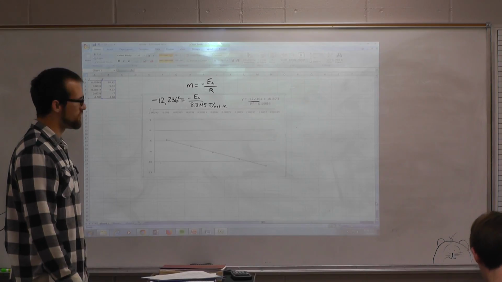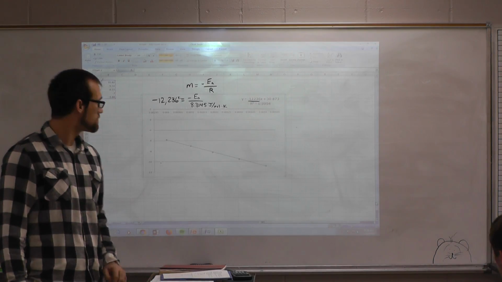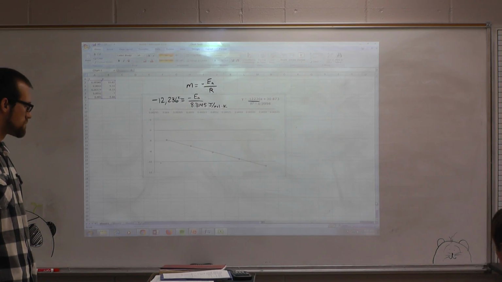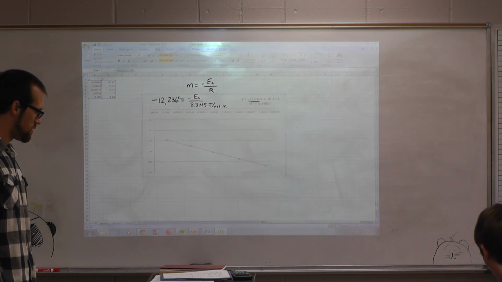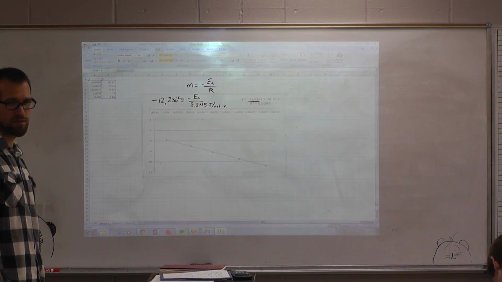Okay, why don't you guys solve for activation energy quick? The negatives are going to cancel, so you should have a positive number. And it looks like it's a decent amount of activation energy that you have to overcome.